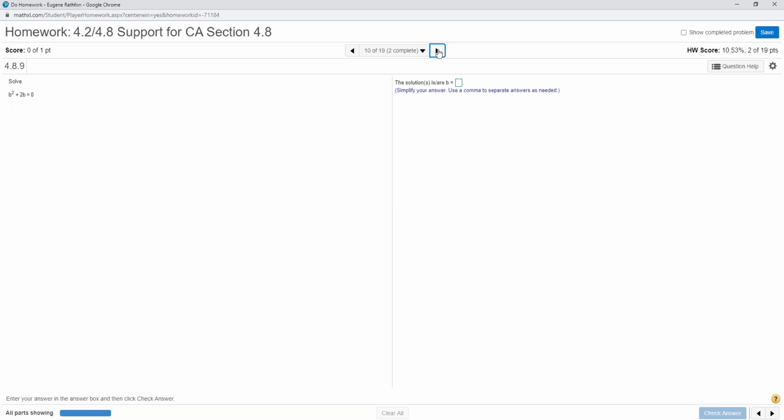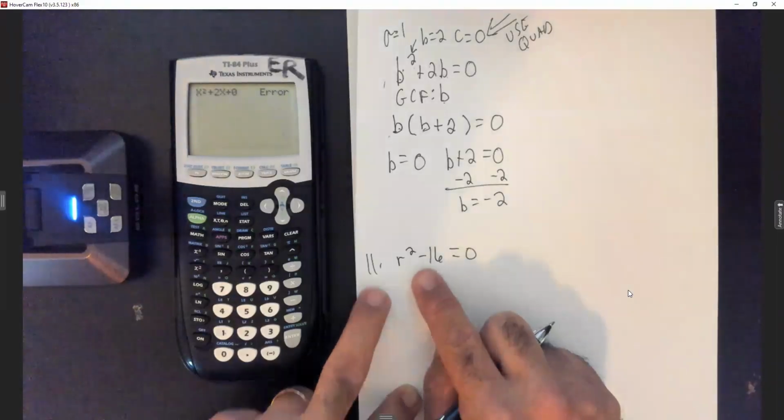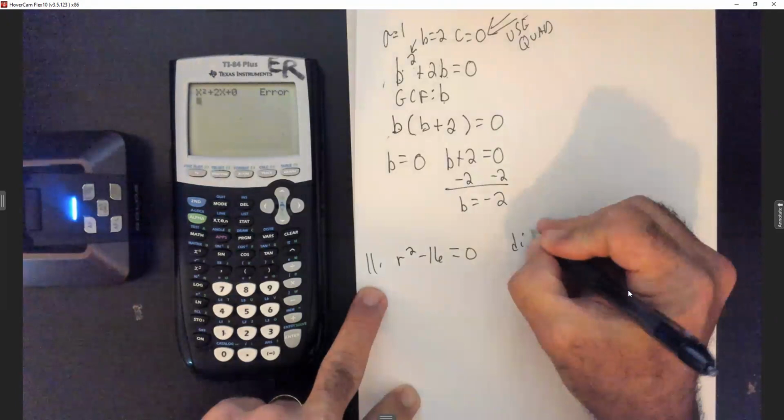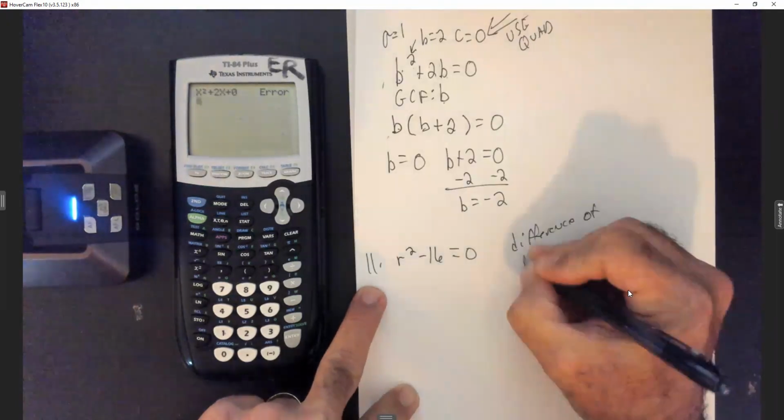So it looks like we're just solving equations now. This one has r squared minus 16 equals 0, and this is number 11. Now we'll say this. This one I could factor, the r squared minus 16, because that's what we call the difference of perfect squares.